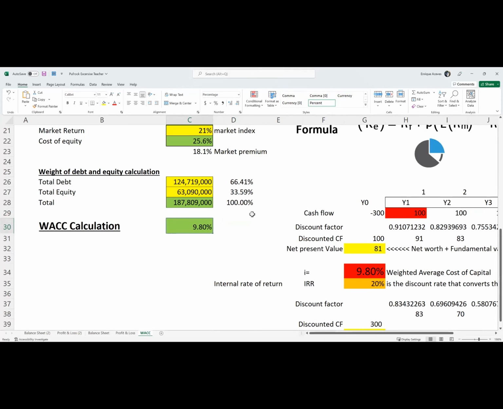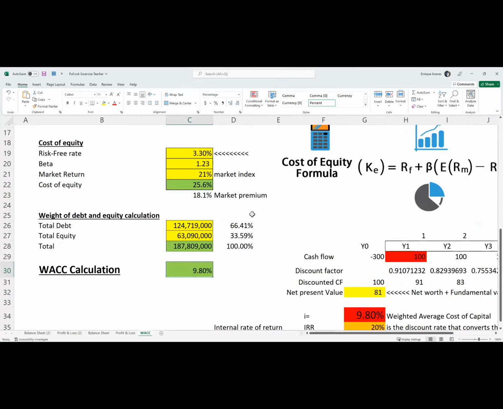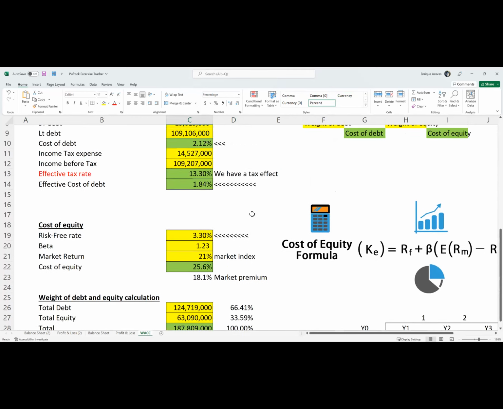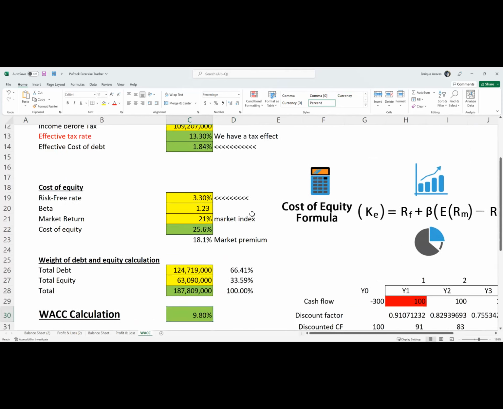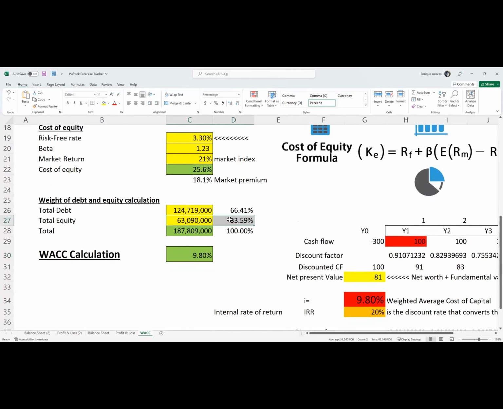Why are they not using more equity? It's simple, guys. How would you prefer to get financed, with debt or equity in the case of Apple? Debt, obviously. Why do you still have that much equity?